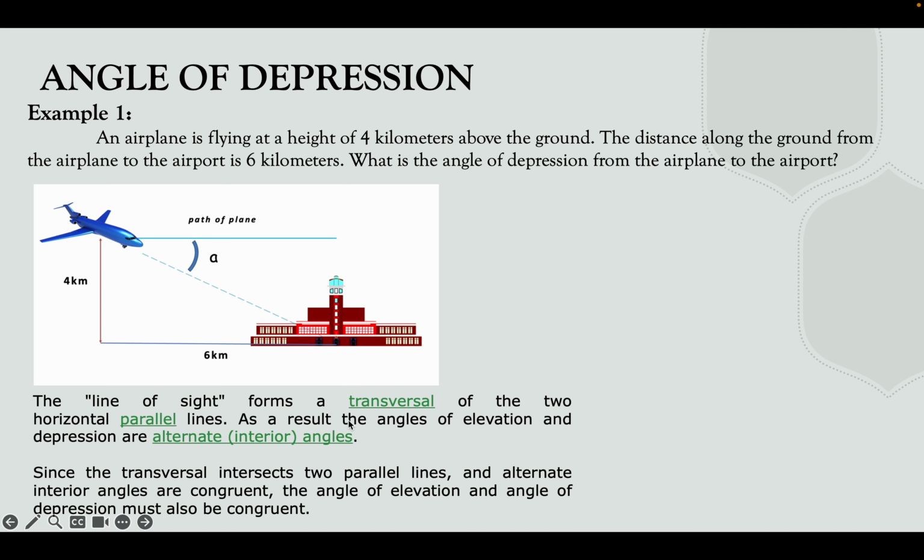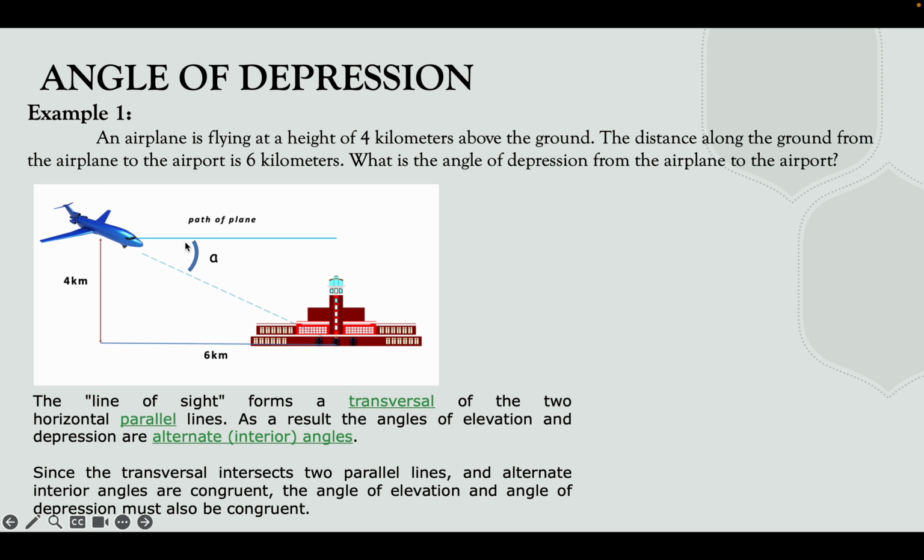As a result, the angle of elevation and the angle of depression are alternate interior angles, which means they are congruent. Since the transversal intersects two parallel lines and the alternate interior angles are congruent, the angle of elevation and angle of depression must also be congruent. So the measure of this angle is equal to the measure of this angle.